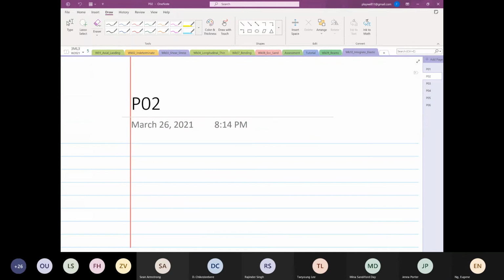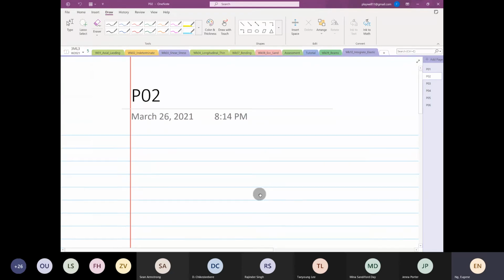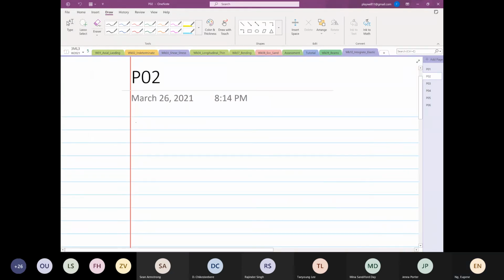So now we are going to look at the solution procedure. I'm going to write out the solution procedure if we use the integration method, and I also want you to compare later the solution procedure for the integration method and the solution procedure if we use positive shear and positive bending moment.